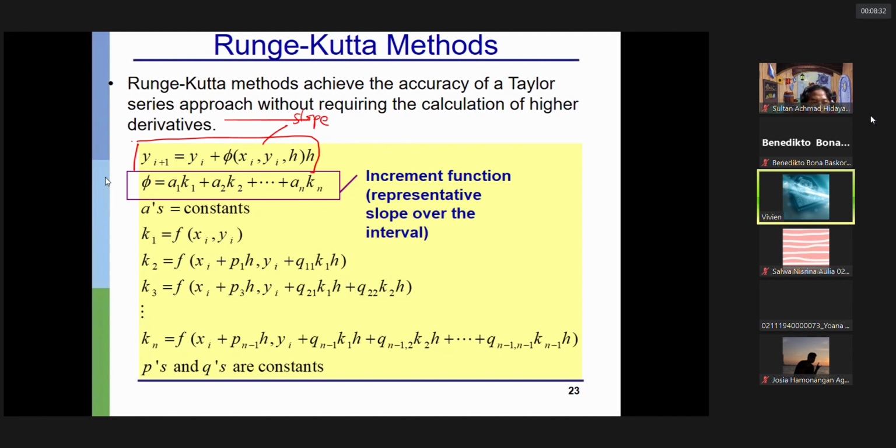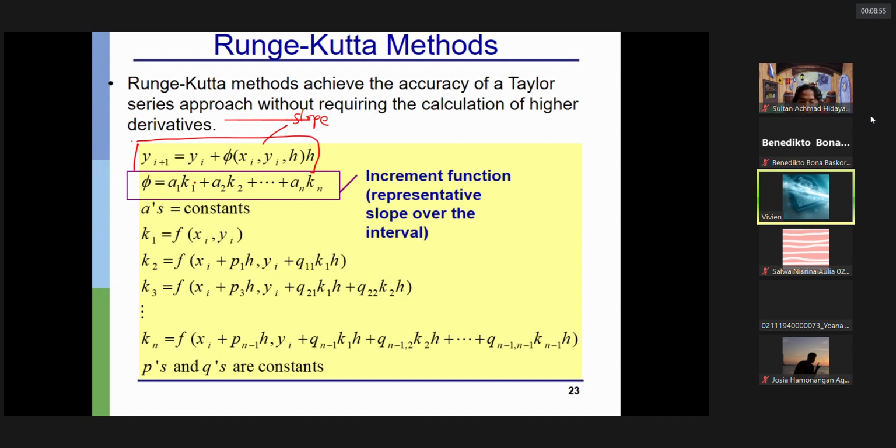If we want to calculate the slope, it can contain one term or two terms or more. How many terms are included in the calculation of the slope will define the order of the method.